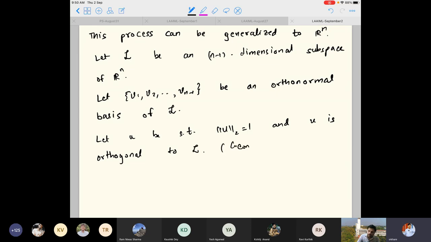Geometrically, what you are saying? U is a unit vector in the direction of normal, correct? To this plane L.